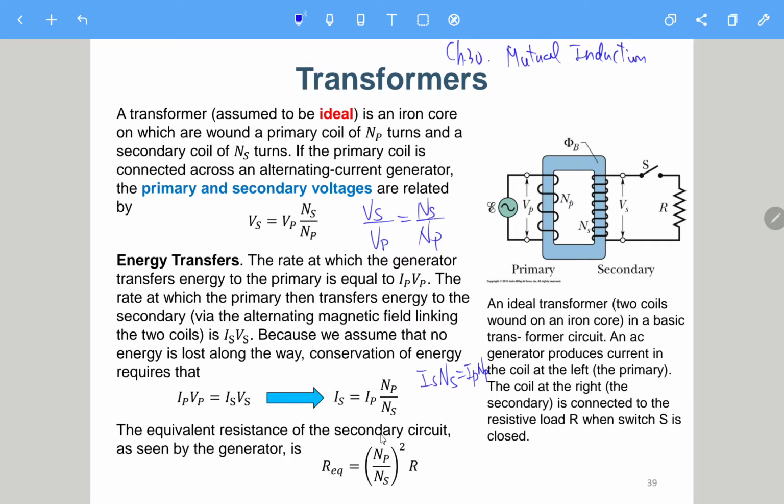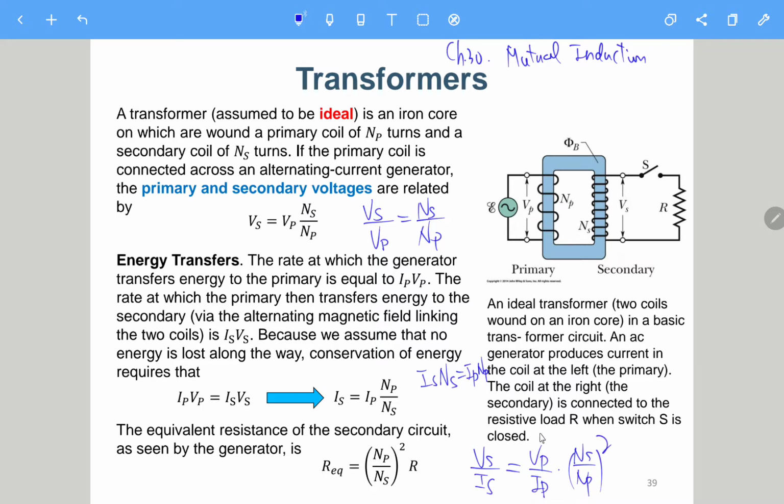And in that case, you can see that if we divide Vs over Is, and on the right side, Vp over Ip, we have this term over this term. So we take the reciprocal of this one and multiply there. So we have Ns over Np quantity squared.